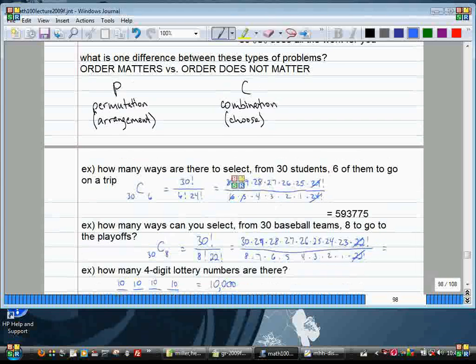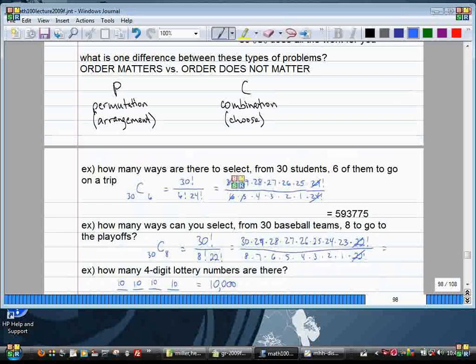Okay. Sorry? That's a good question. Okay. So typically the interpretation is if you're talking just about lottery numbers, you can have a 0 in the first spot.